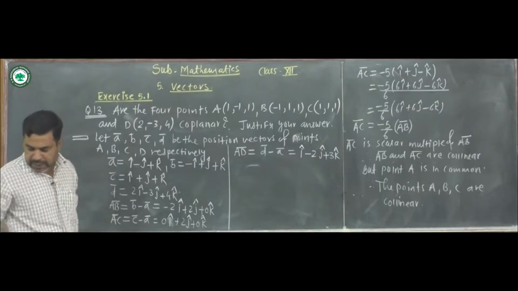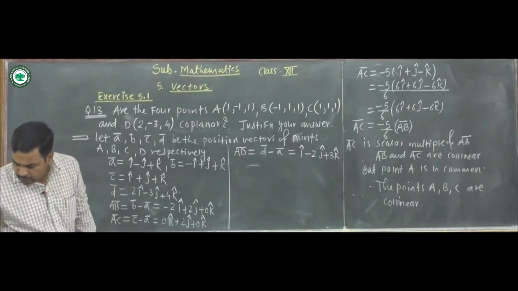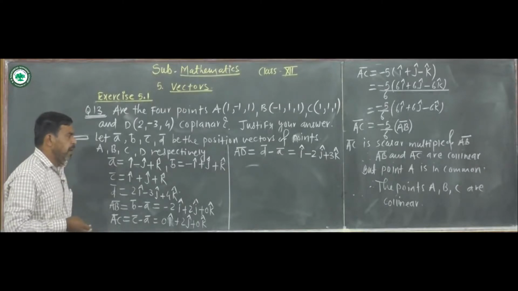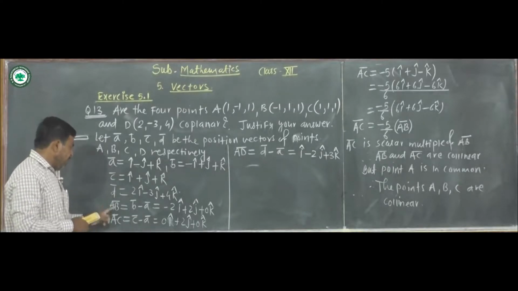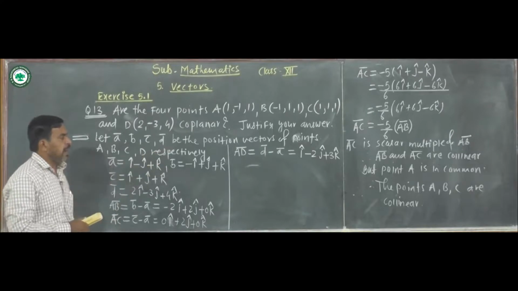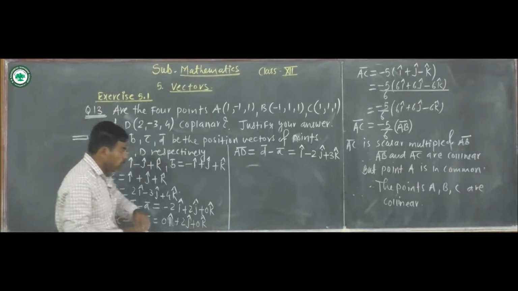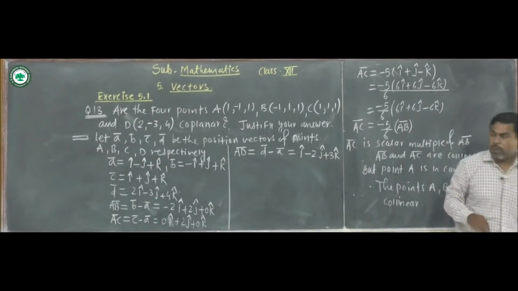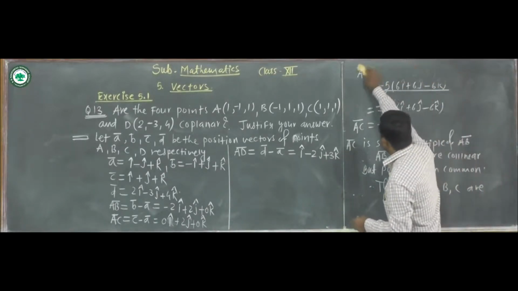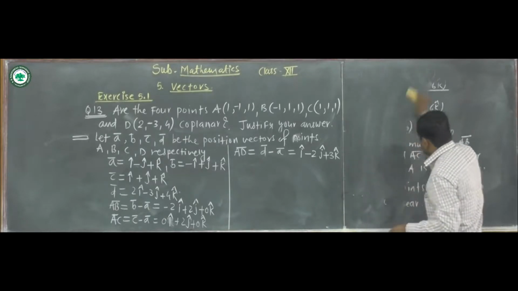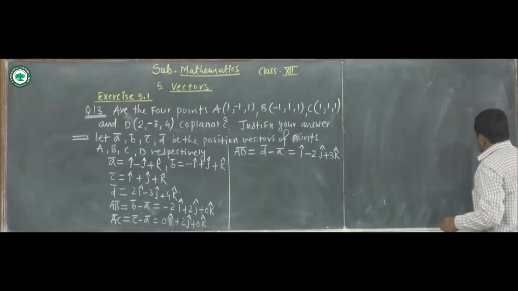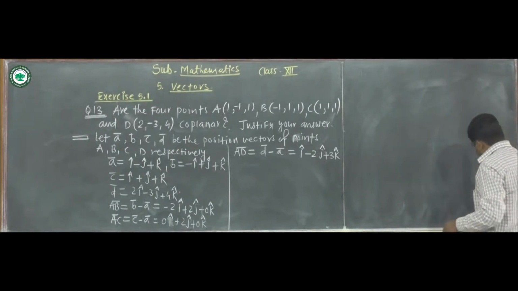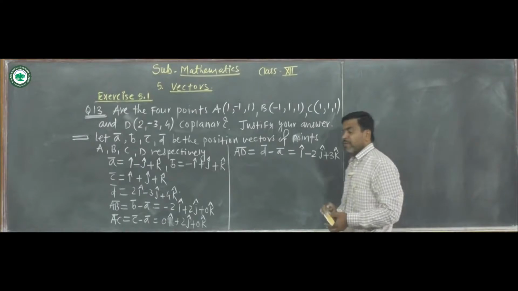Okay. Now, as I have told you, to prove 4 points are coplanar, we have to show AB bar, AC bar and AD bar are coplanar vectors. And we know that if 3 vectors are coplanar, then any one of them is the linear combination of the other two.